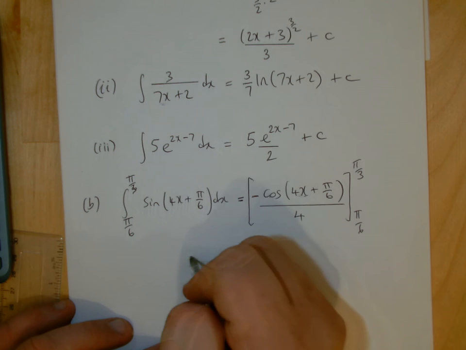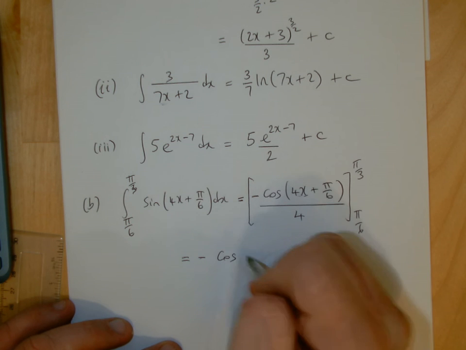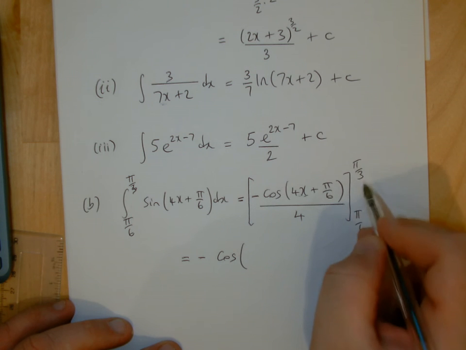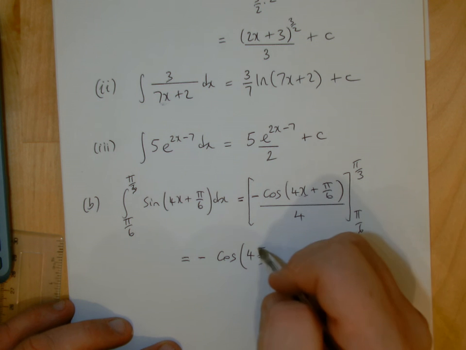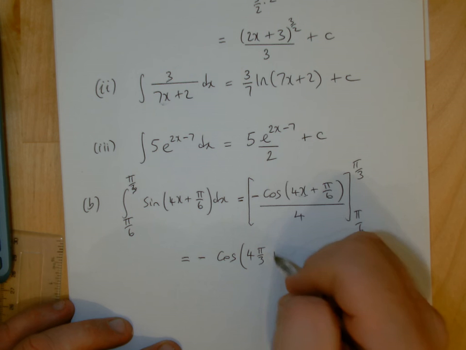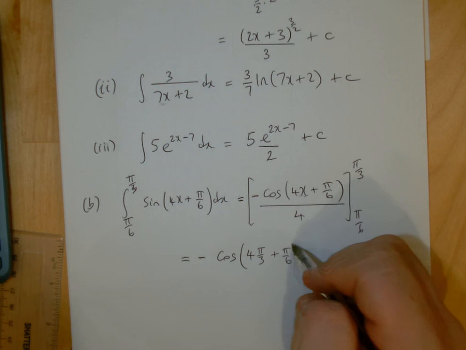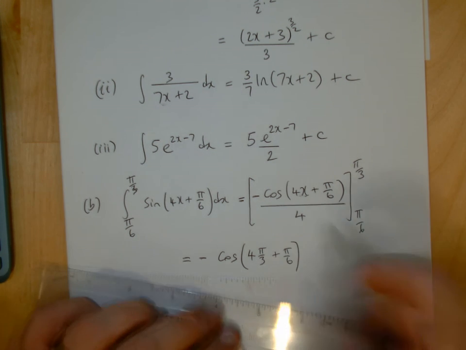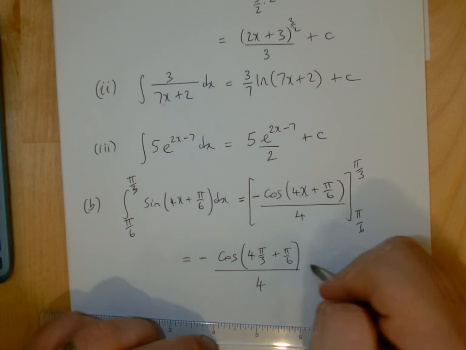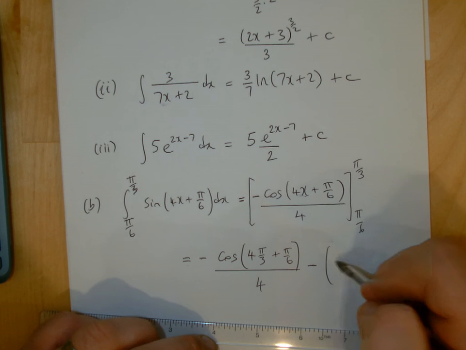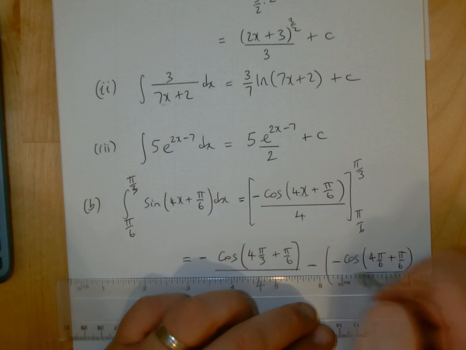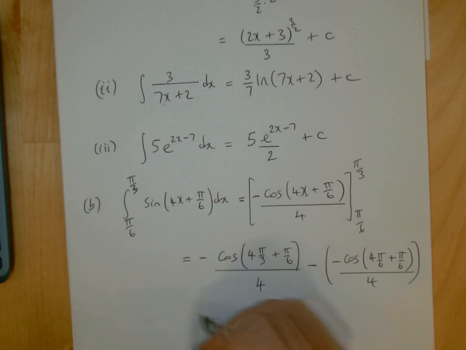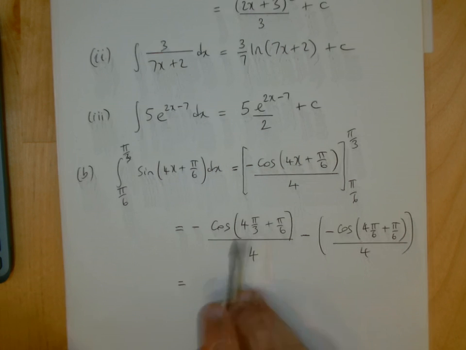So you get minus cos, well if I put the upper limit in first, pi over 3, so 4 pi over 3 plus pi over 6, divide by 4, take away then the negative of cos 4 pi over 6 plus pi over 6, putting the lower limit in, over 4. And what I like to do in this case is to work them out separately.